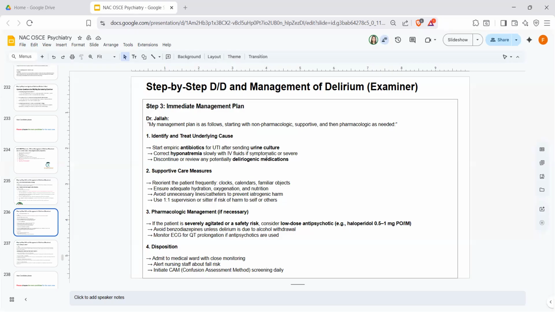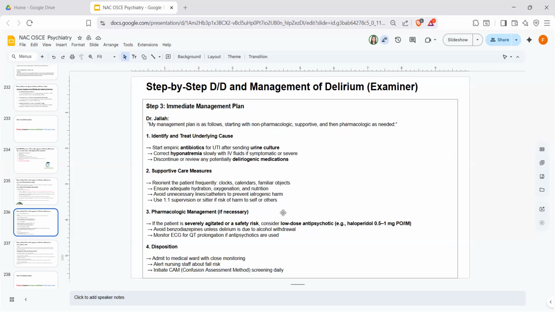I'm also going to correct hyponatremia. We will do it slowly with IV fluids. We are going to review and discontinue any medications that could cause delirium. I'm planning on maintaining the following supportive care for this patient: frequent reorientation, clocks, calendars, familiar objects, familiar music, family members around, making sure the patient is well hydrated, has good saturation, good nutrition.